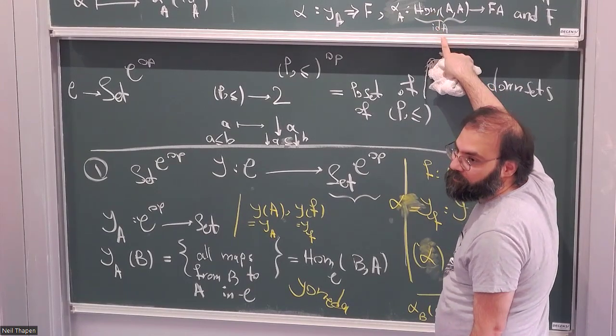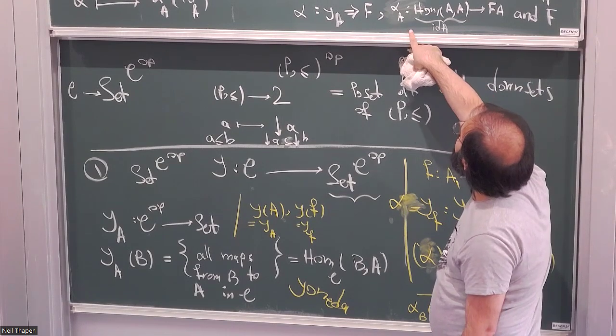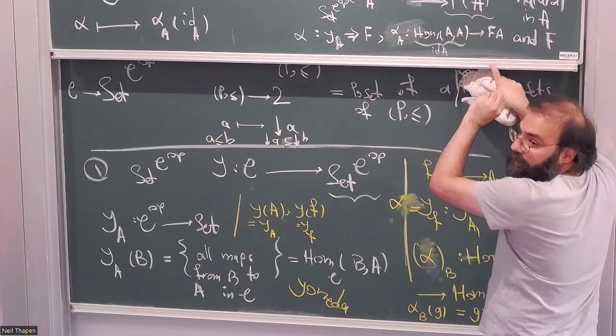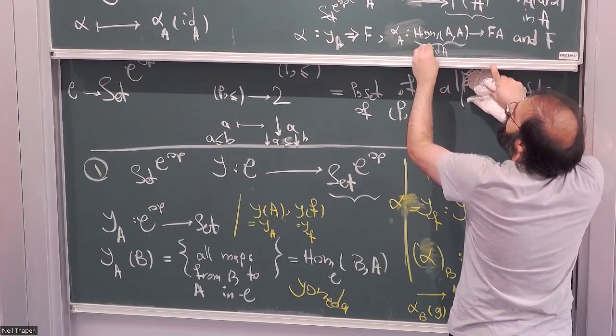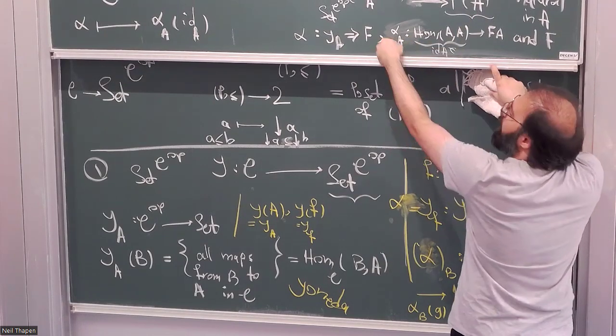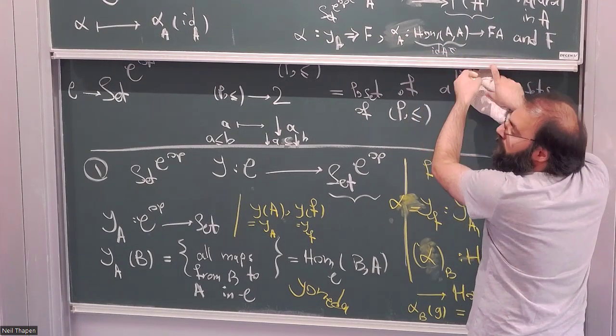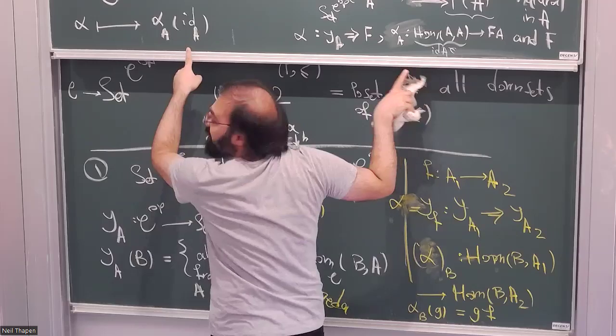Because I want something here, right? My point is that this guy lives here. You apply alpha A on it, and you get something in F of A. So therefore, this is the definition, really.